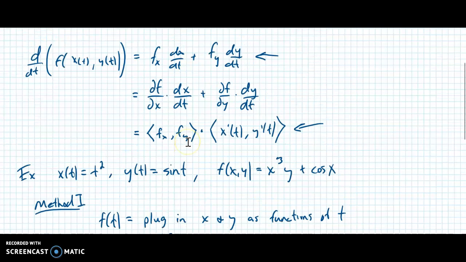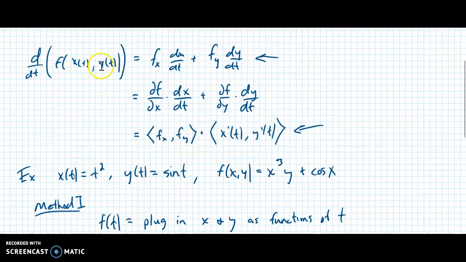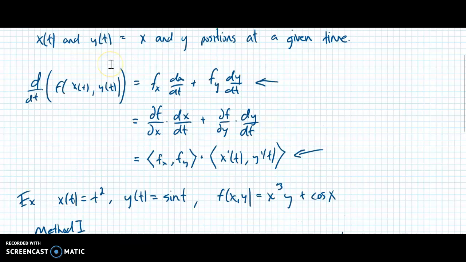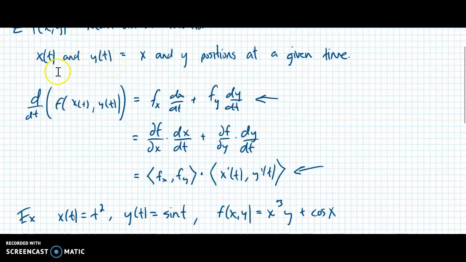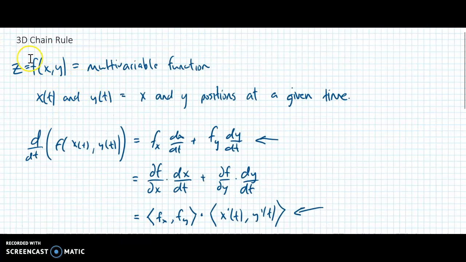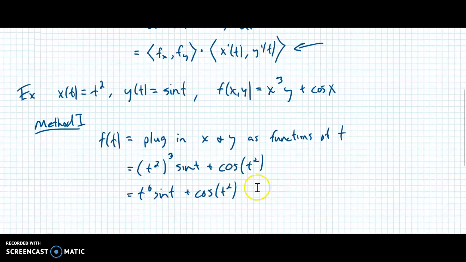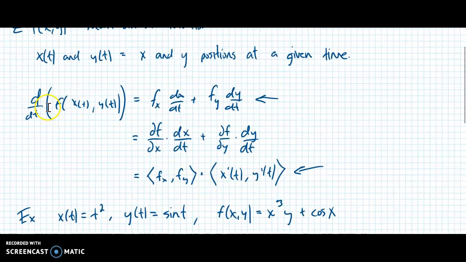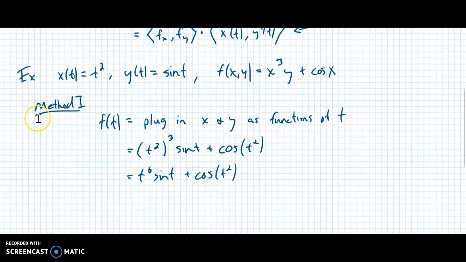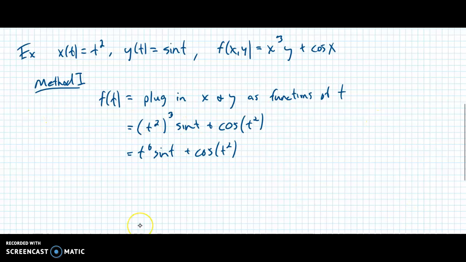So what I want you to recognize here is that if x is a function of t and y is a function of t, and f is a function of x and y, then f is actually really just fundamentally a function of time. Okay, as you can see right there, which means I can take the derivative with respect to time. So let's do that.